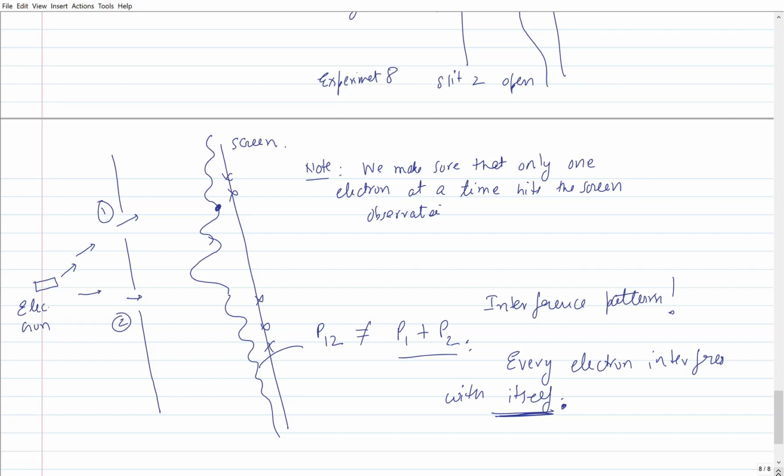I shouldn't call it a wave because I'll come to that later, but as far as we know, this is what the observation is over here. And if you observe this particular experiment closely, this defies classical logic.